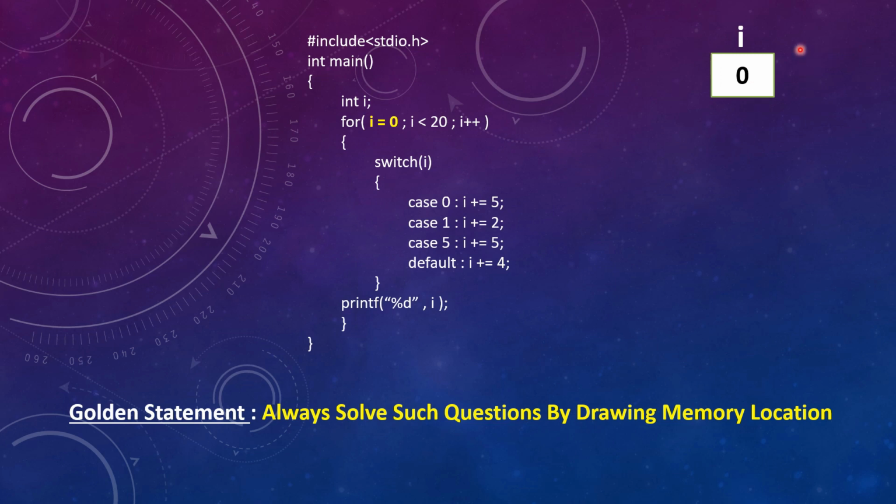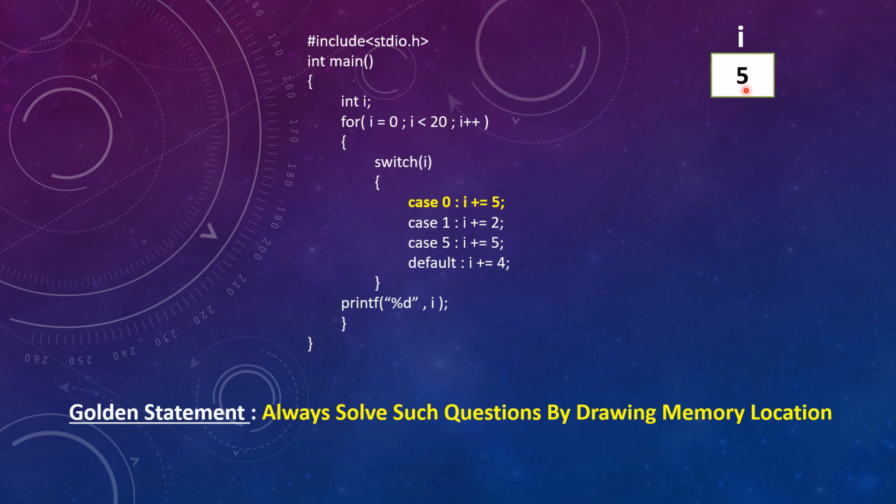Like this, you need to create a memory block of i having a value of 0. I have highlighted here i equals 0. The control is here now and i is initialized with 0. Then we check the condition and come into the switch block, and the control comes to case 0. So i plus equals 5 means i will be incremented by 5.